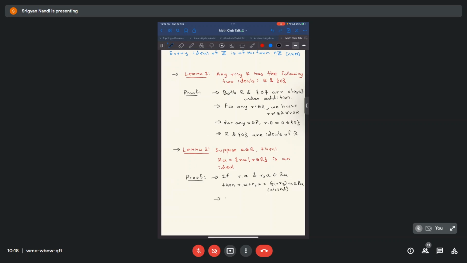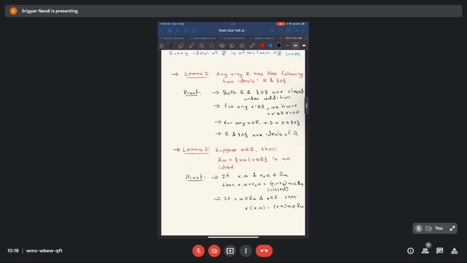And if r1a belongs to Ra and r belongs to R, then r times r1a is equal to (r r1)a, and r r1 again belongs to R. So this belongs to Ra. The second property is also satisfied, and therefore Ra is an ideal.